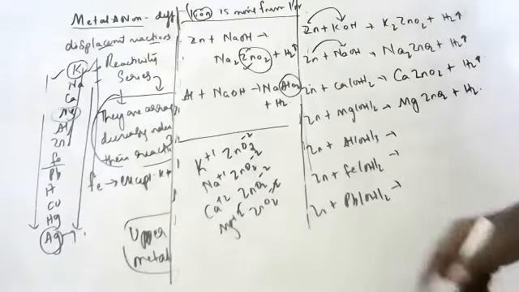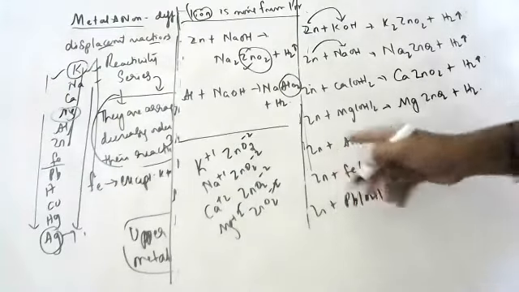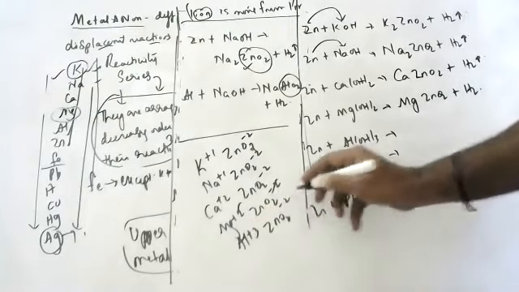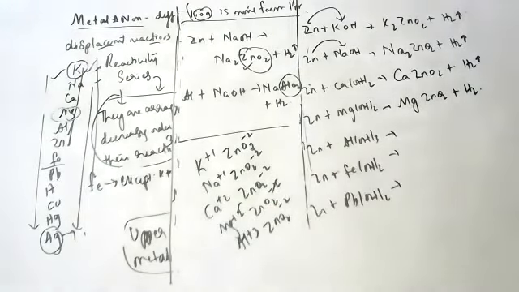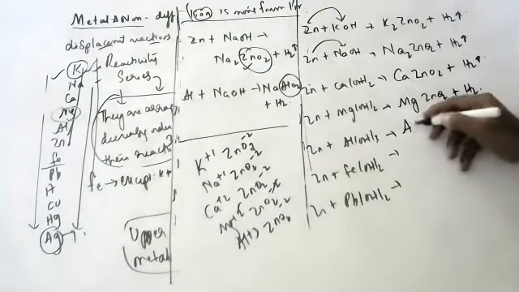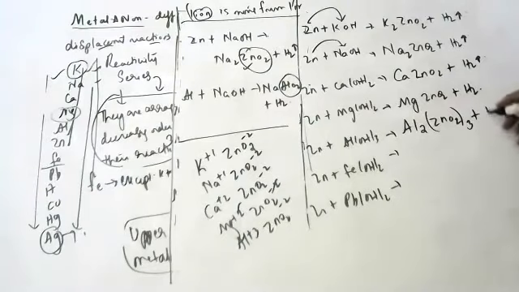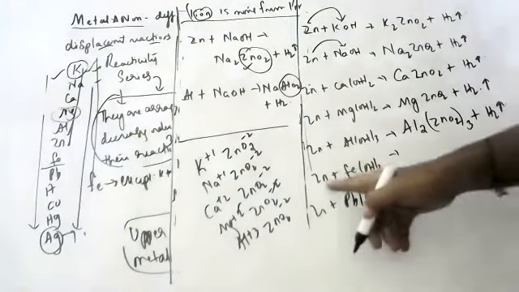Okay. Surya, zinc plus aluminium hydroxide. Then put hydrogen gas symbols.